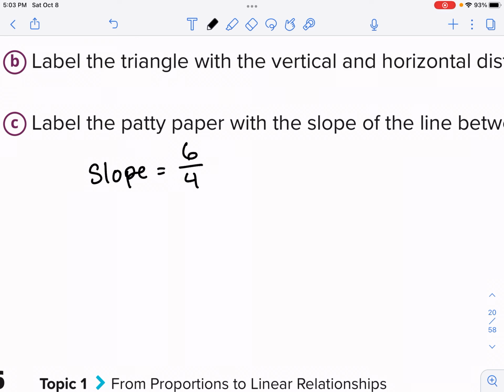Now this can be simplified. We practice this. We can divide by a common factor. We'll divide by 2. So this could also be characterized as a ratio of 3 to 2, or 3 over 2. You could write it like that. You could also say that this is 1.5.